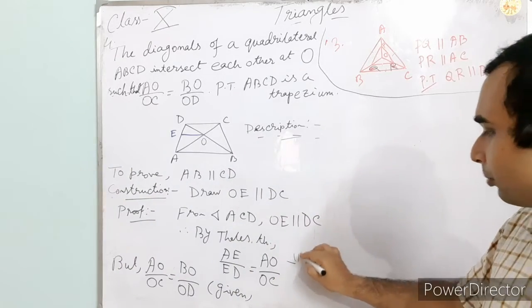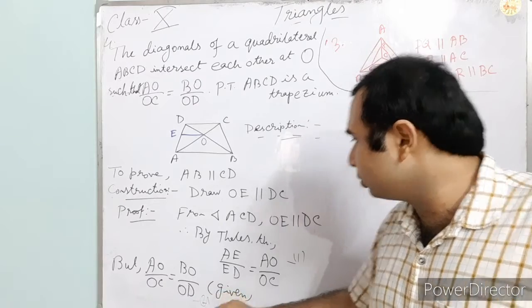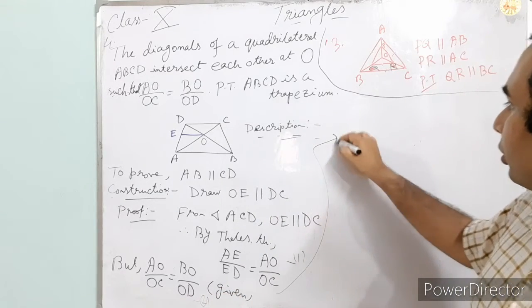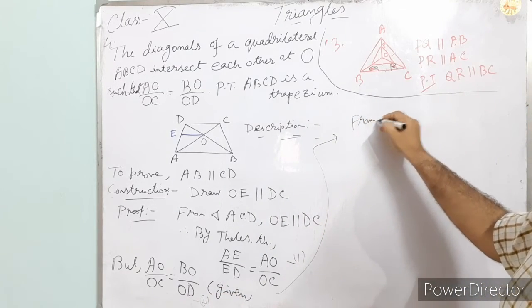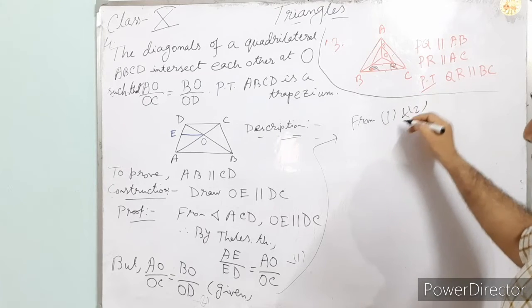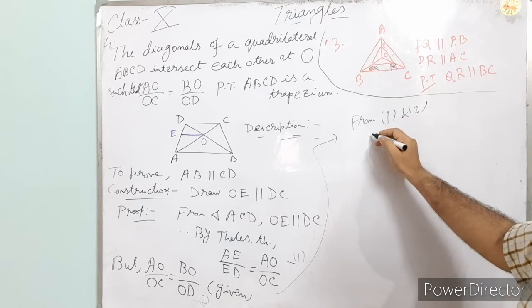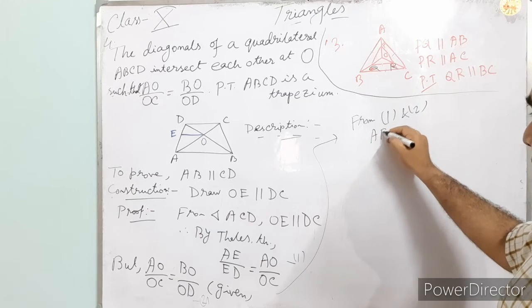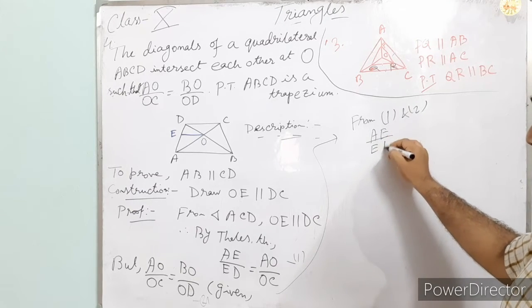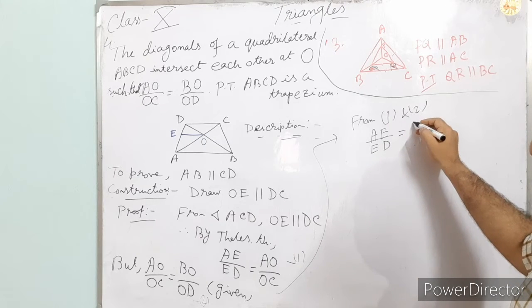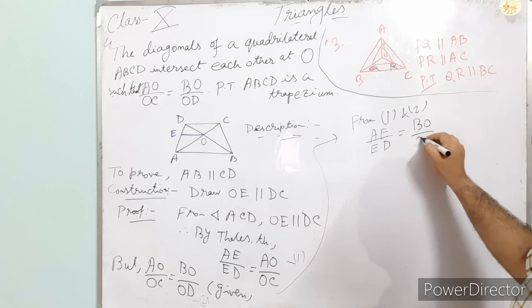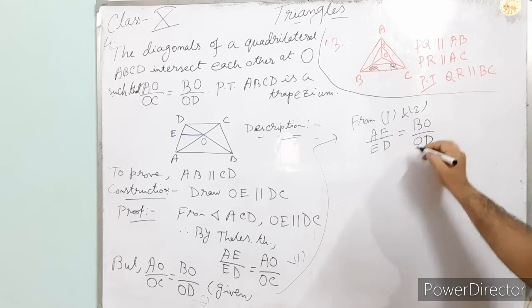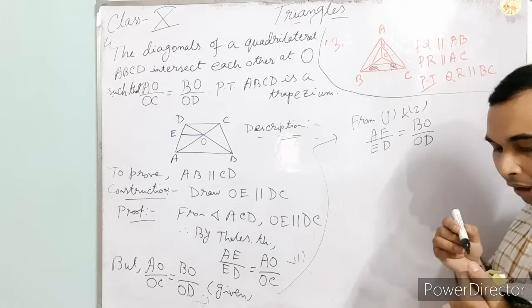So if this is number 1 and this is number 2, from 1 and 2 we can say AE by ED is equal to BO by OD.